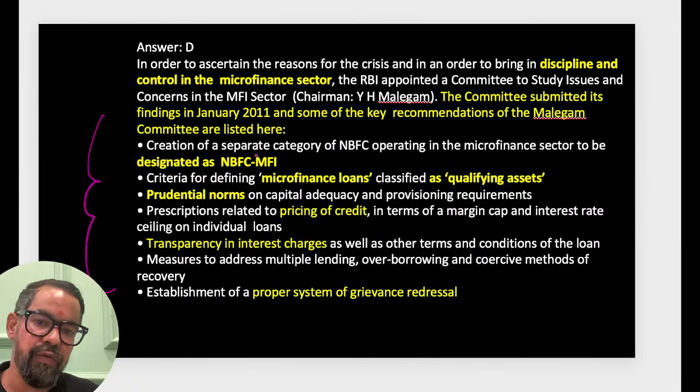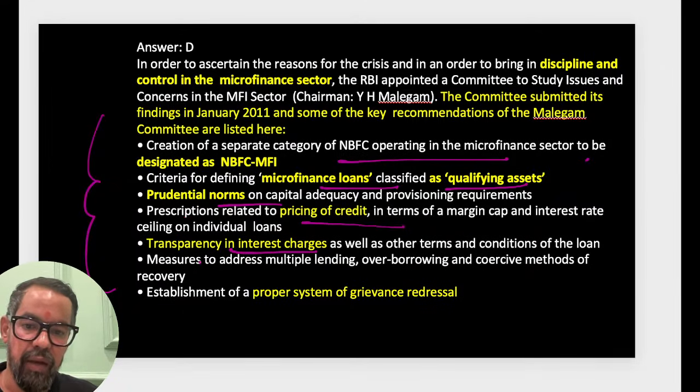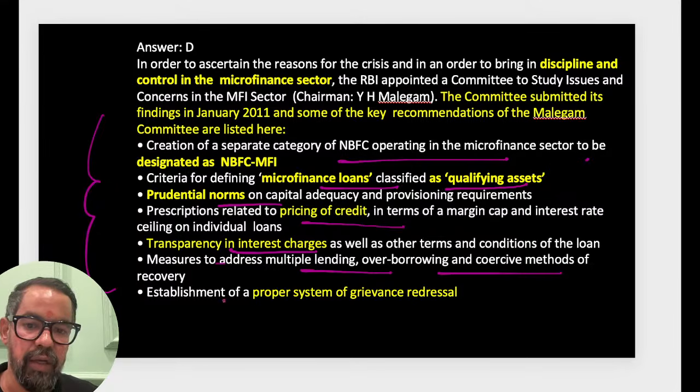Creation of separate category of NBFC operating in microfinance sector as NBFC MFI. Criteria for defining microfinance loan classified as qualifying assets. Prudential norms. Then we have prescription related to pricing of credit, transparency, and measure to address the lending, multiple lending, over borrowing, and coercive methods of recovery. ठीक है.